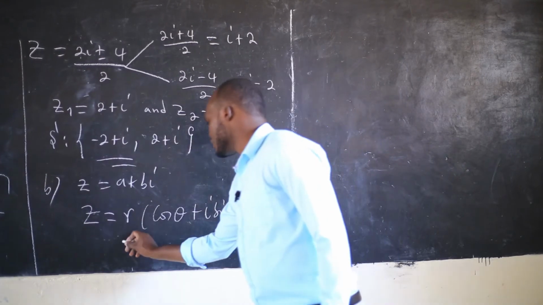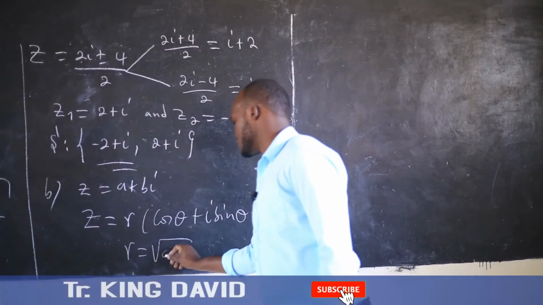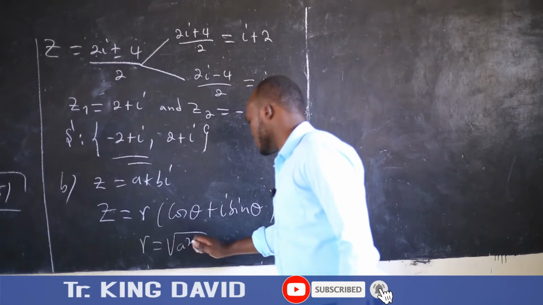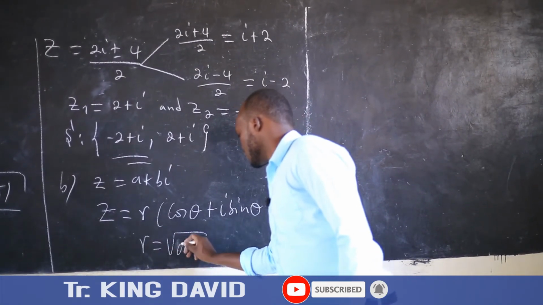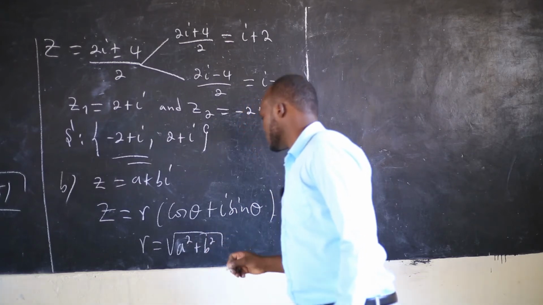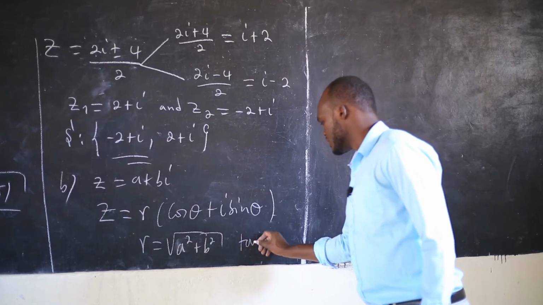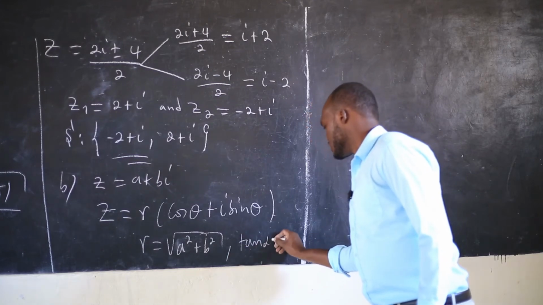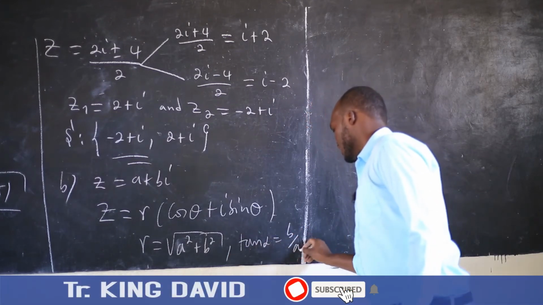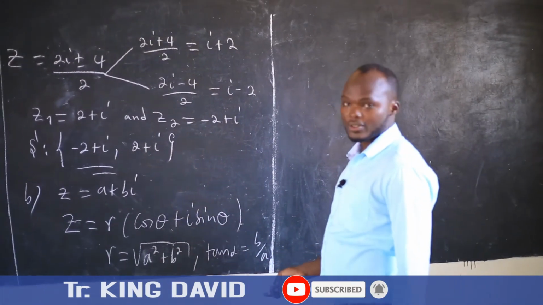Where r is the modulus of z, which is the square root of a squared plus b squared. Then to get the angle, we first get tan alpha, which is equal to b over a. After getting alpha, that's how we get the angle. So that's what I'm going to do.